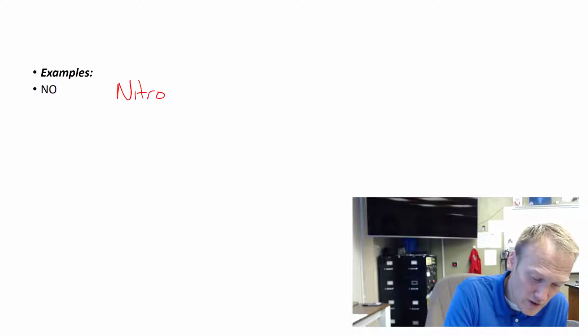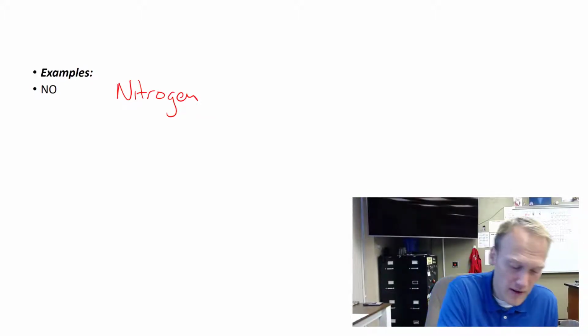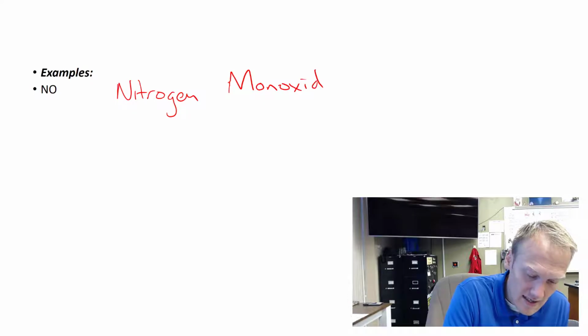So here we have NO. We have 1 nitrogen and 1 oxygen. So since we have 1 nitrogen and it's the first atom, we would just write the word nitrogen, the name. With the second atom, oxygen, we only have 1, but in this case we are going to use the prefix, making this monoxide.